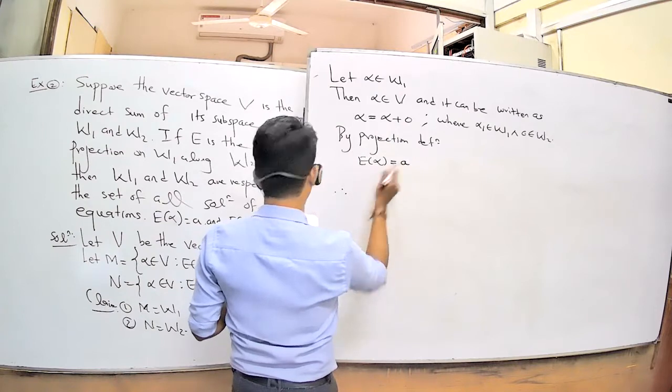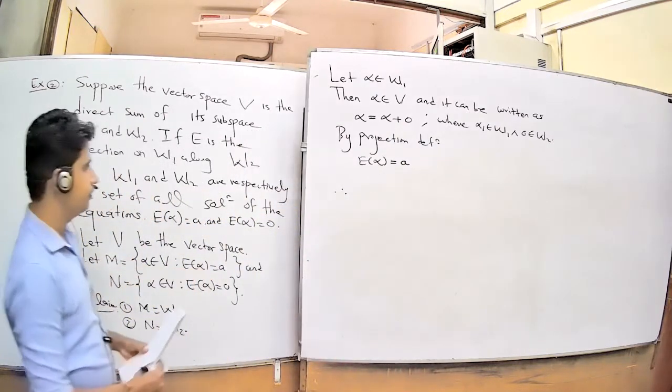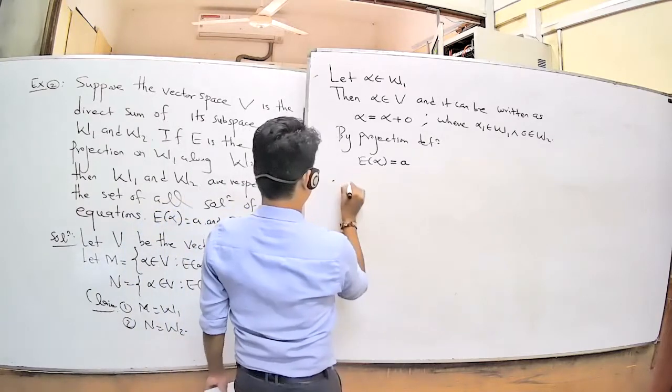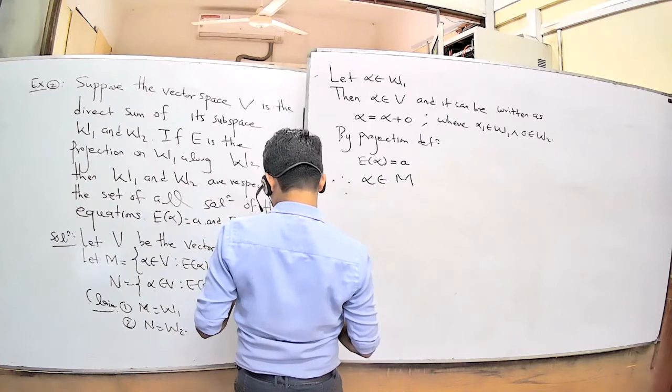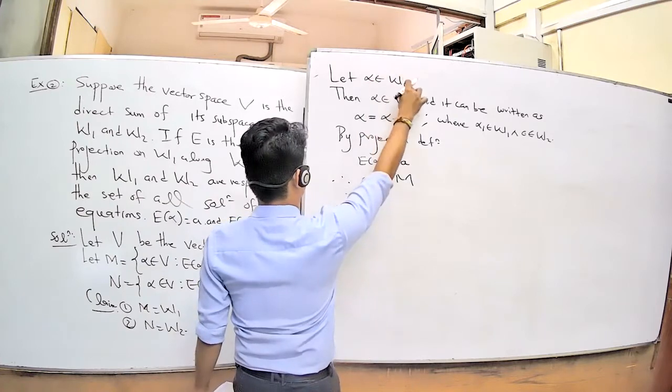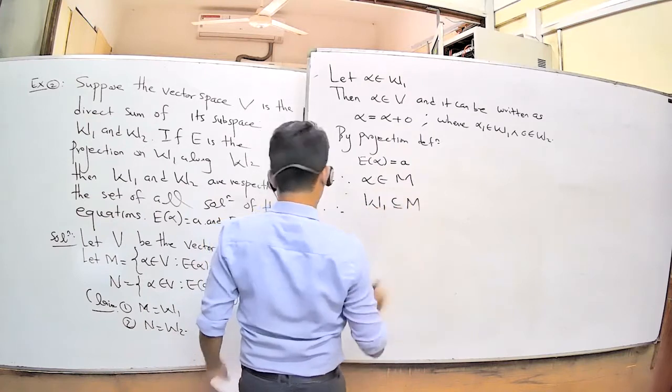Therefore E alpha equals alpha means this alpha belongs to M. Therefore alpha belonging to W1 implies alpha belongs to M. Therefore, W1 is a subset of M.